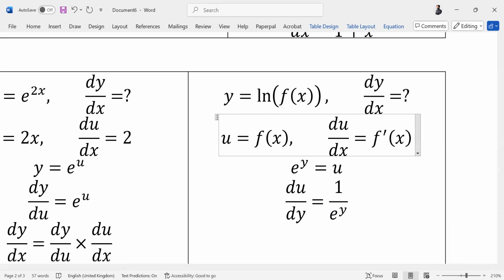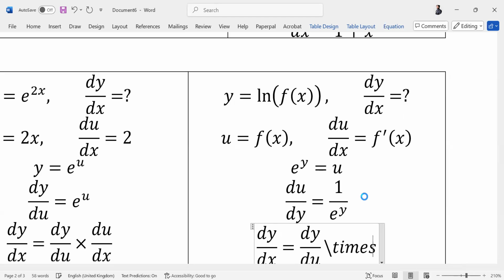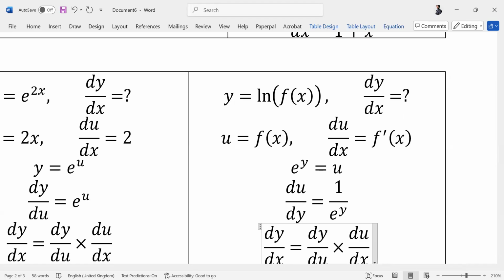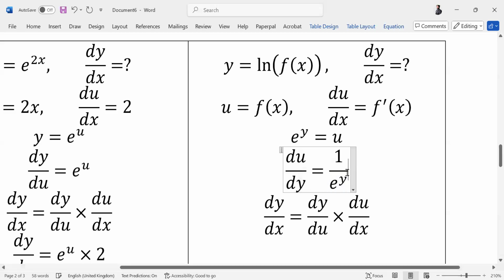Is this clear? Now, which derivative am I searching for? dy by dx. Can I write it as dy by du times du upon dx? Sorry, let me correct this: dy by du will be 1 upon e to the power y, right?